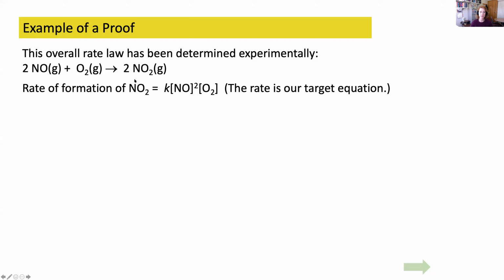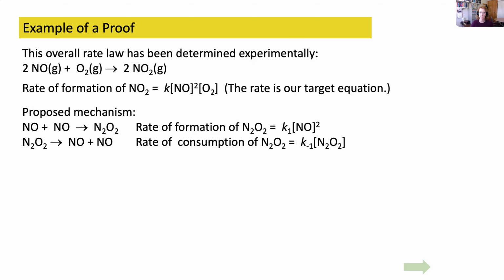So again, this is based on this chemical reaction, and these numbers don't necessarily have anything to do with these numbers. They happen to match up, but that's not because this is an elementary reaction. It's just because this is the experimental rate law associated with this chemical equation.